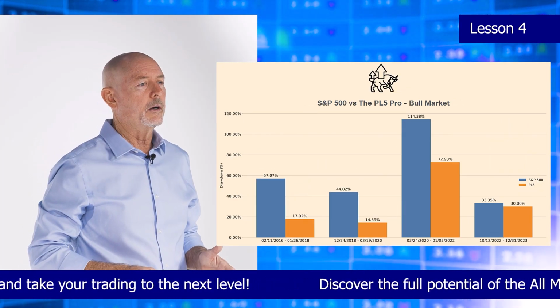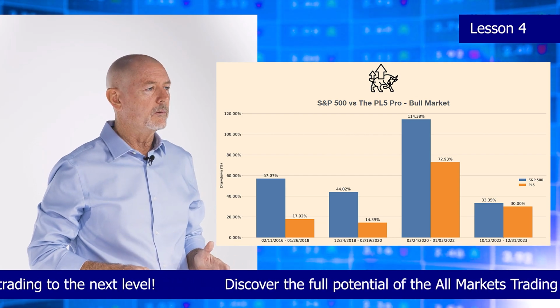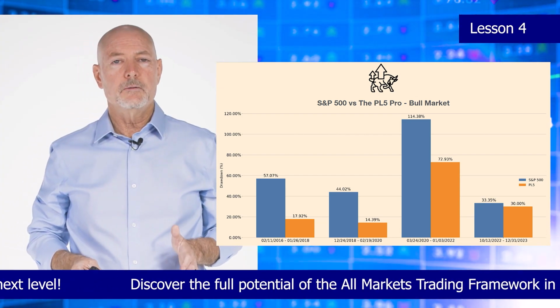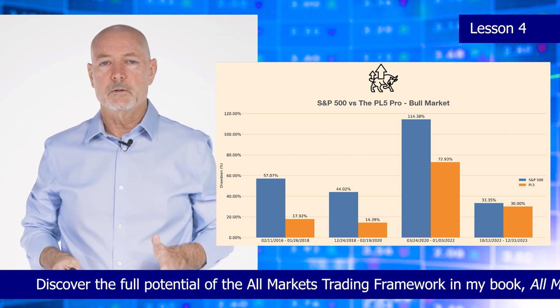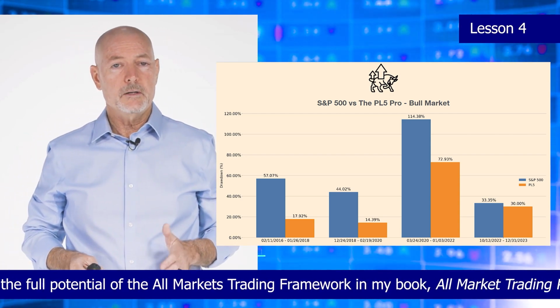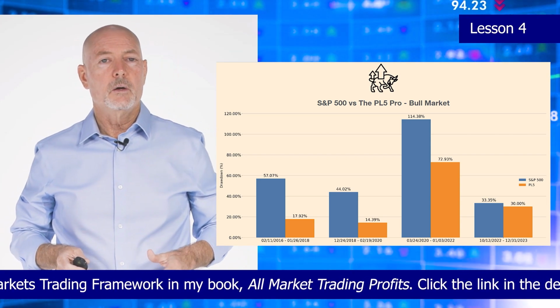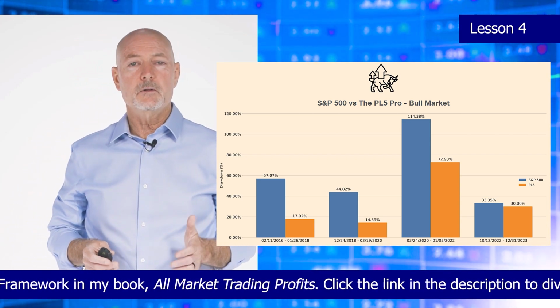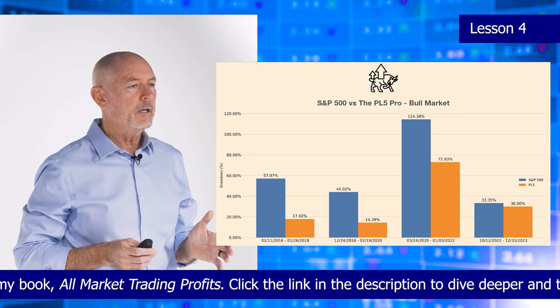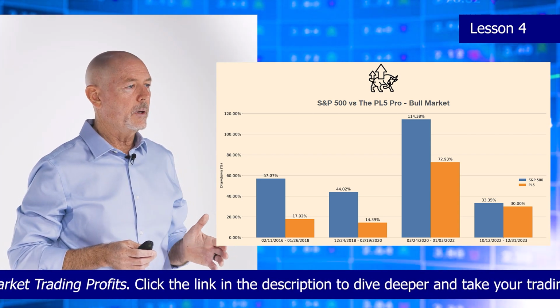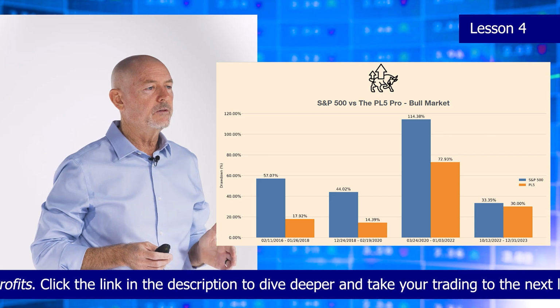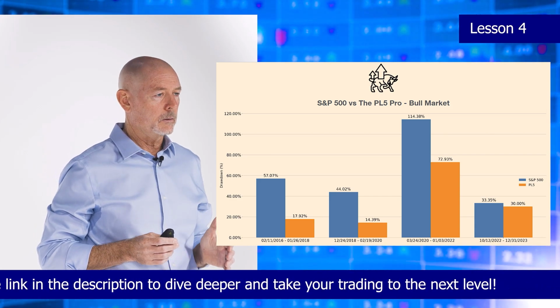A rising bull market is when the market continually rises, like from March 24, 2020 to January 3rd, 2022. The S&P rose by 114.38%, while the AMP rose by 72.93%. Theta exposure allows it to benefit from time decay while still maintaining a non-directional approach.